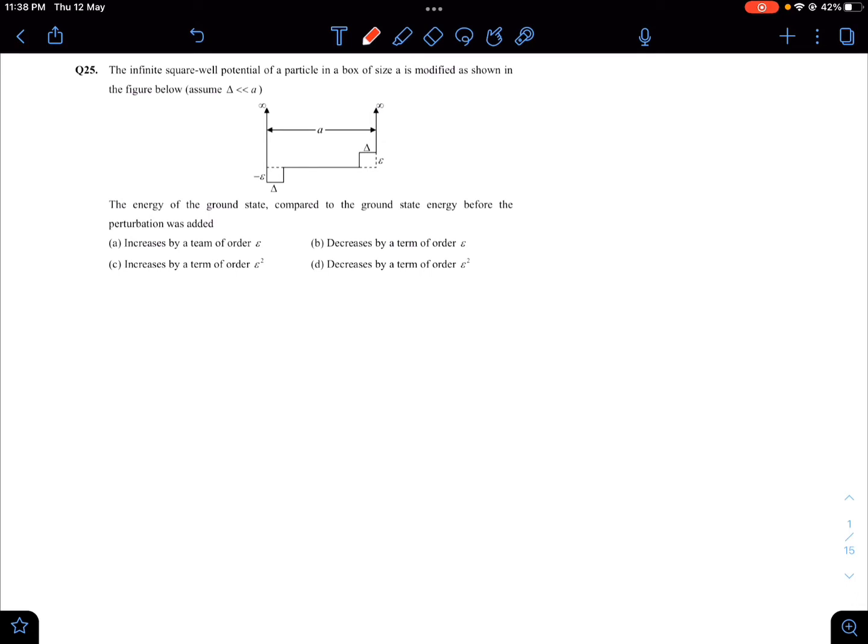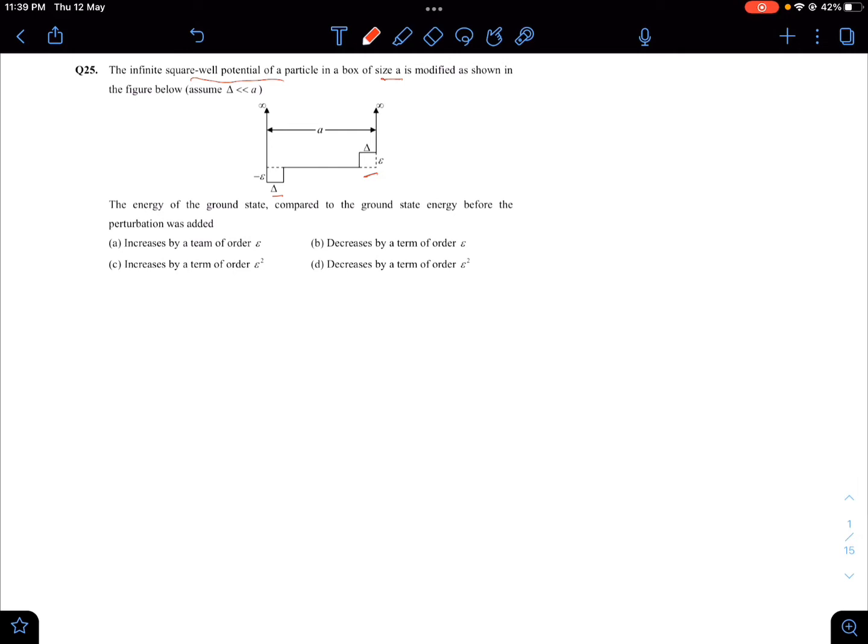The problem states that we have an infinite square well potential, a particle in a box of size a, and we apply some kind of perturbation. That means its potential is modified as shown in the figure. After applying the perturbation, the energy will also be shifted.